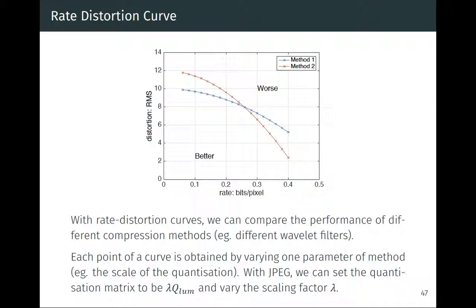Okay, so these rate distortion curves are important, and it's equivalent to the ROC curves some of you will have seen in the machine learning course. Okay, so you usually don't look in isolation at just one particular result.